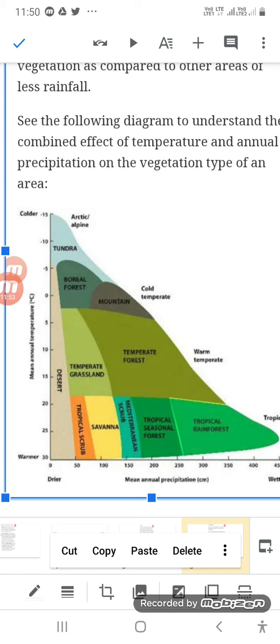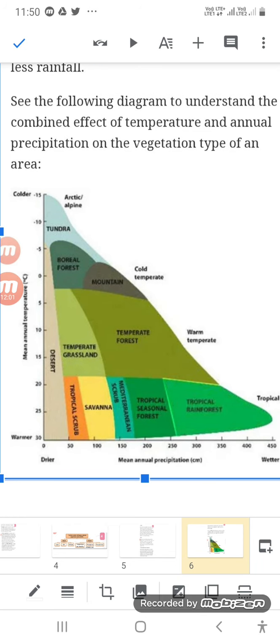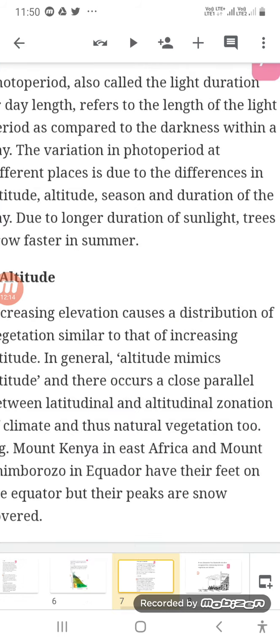You can see the picture on your own and relate the temperature and this precipitation, and see what type of vegetation is found in each zone.